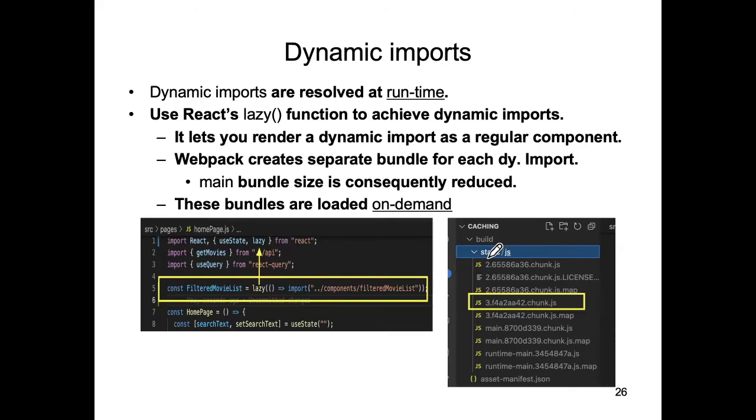I still have bundle 2, and I still have the main bundle. Main in this case is now going to have all of my source code except the filtered friend list component. That's not contained inside here. So that's how you implement dynamic imports specifically in React.